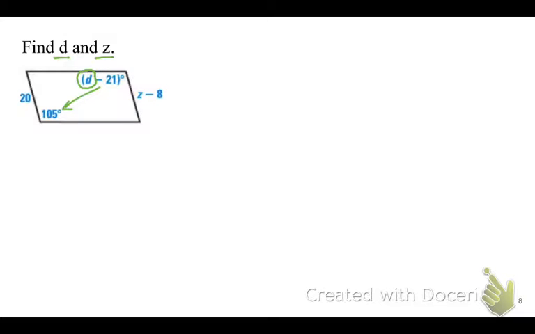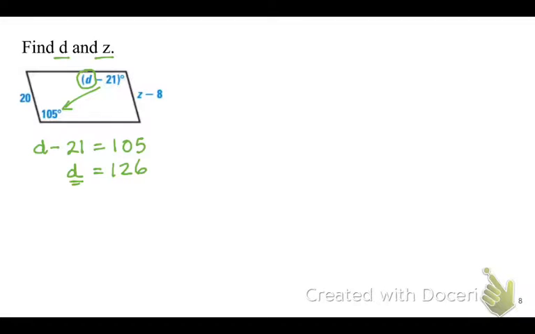That's convenient. So we know by that second statement that D minus 21 is going to be equal to 105. So we add 21 to both sides, and we have D is equal to 126.